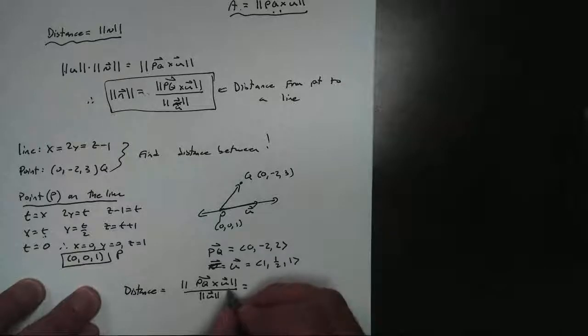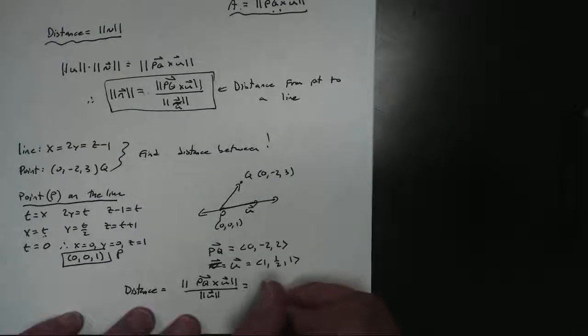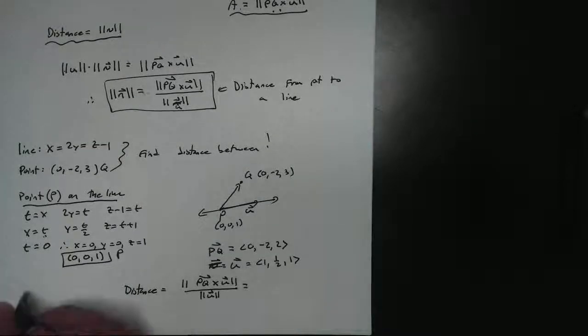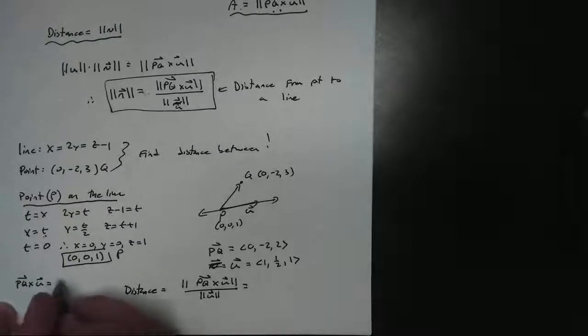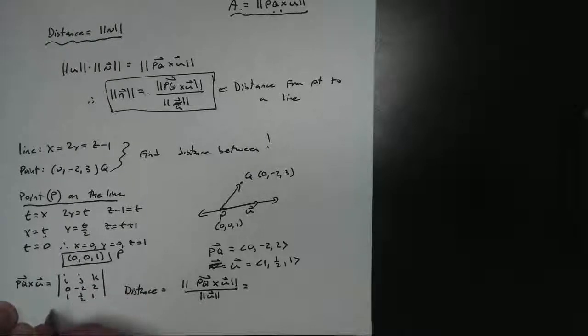When I find their cross product, that's easy enough to do. So let me go ahead and do the cross product over here. This is PQ cross u. To get the cross product, we do i, j, k, 0, -2, 2, 1, 1/2, 1. What you wind up with is the vector -3i plus 2j plus 2k.